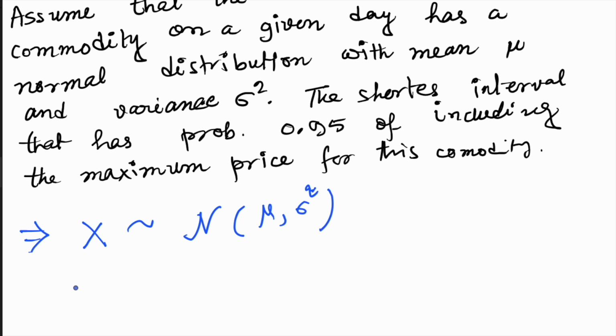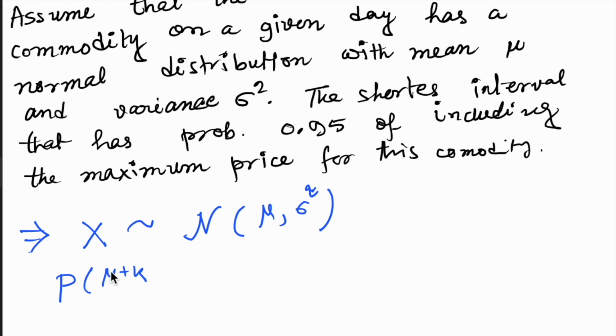We have to calculate the shortest interval that has the probability 0.95 of including the maximum price for this commodity.